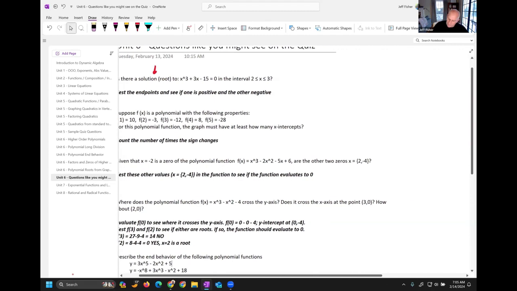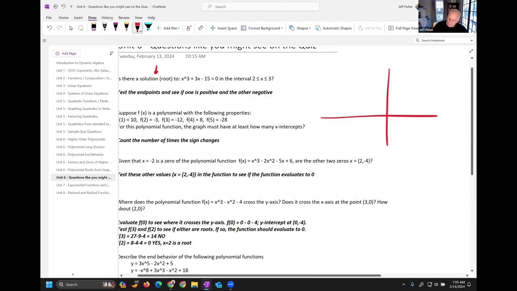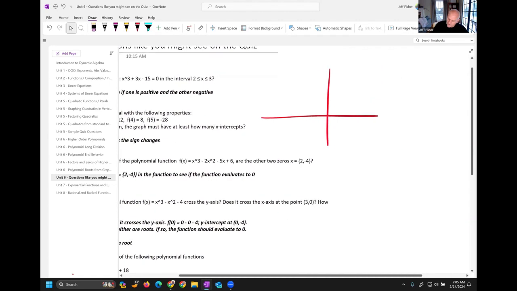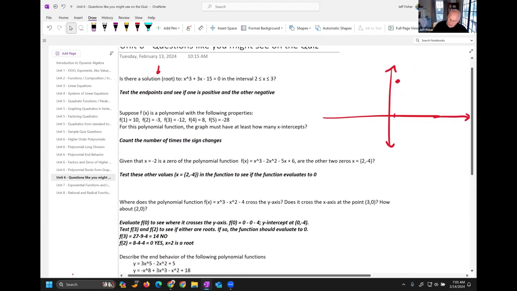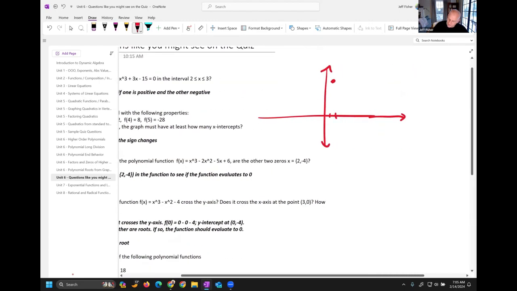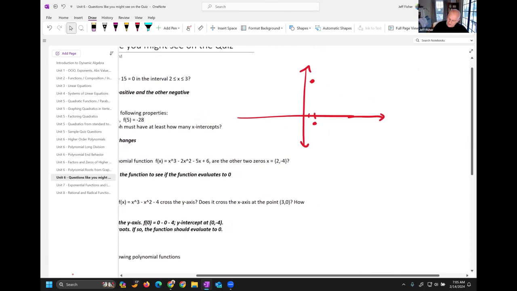Let's look at this. I'm just going to be really rough on this because I think you guys get the point. So let's say f at 1 is 10, up here. F at 2 is -3, down here. F at 3 is -12, down here.